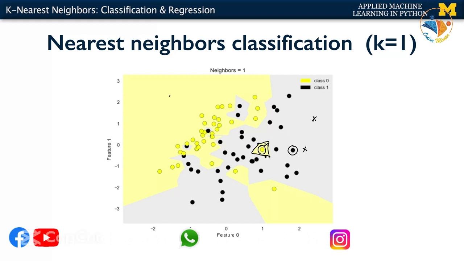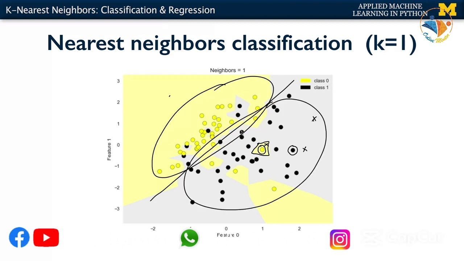It's trying to get correct predictions for every single training point while ignoring the general trend between the two classes, namely that most of the yellow points are on this side of the feature space and most of the black points are on this side. So the 1 nearest neighbors classifier can be said to be overfitting in this case.